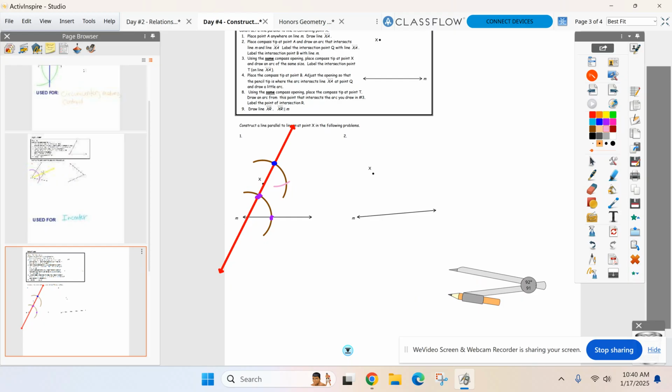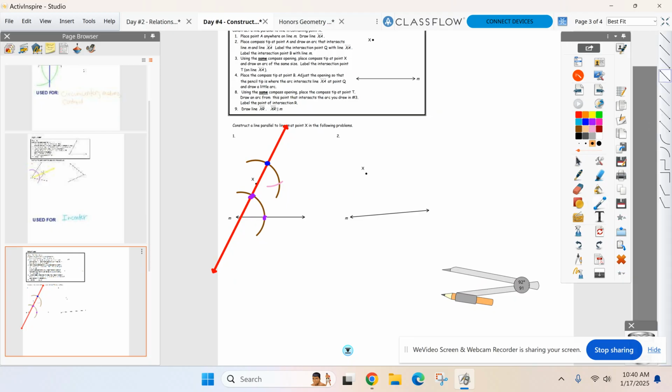And hopefully it lines up with X and is going to look parallel to M. All right, there we go.